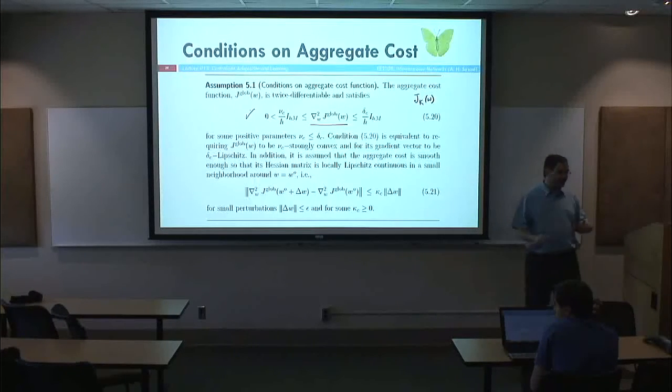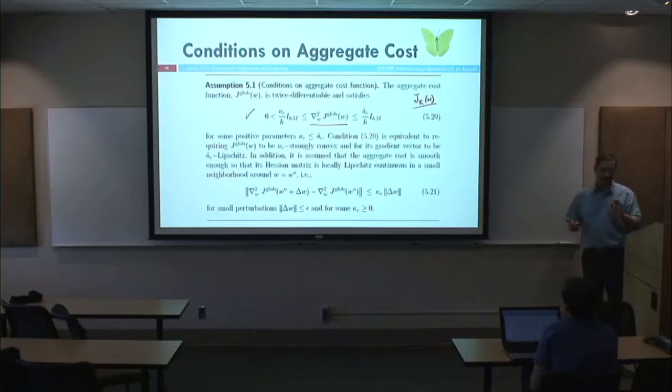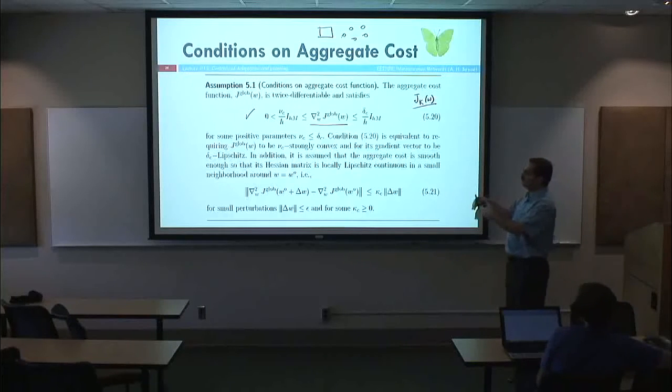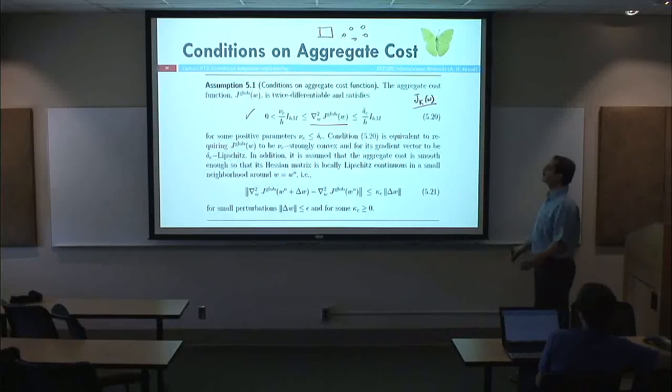Now, when is it that I'm going to assume that each of the individual J_k is also strongly convex? I'm going to assume that when I want to compare the performance of the centralized solution with the performance of non-cooperative agents. Because for a non-cooperative agent to work properly according to the theory we developed so far, each one of them will be running a stochastic gradient algorithm on its cost.